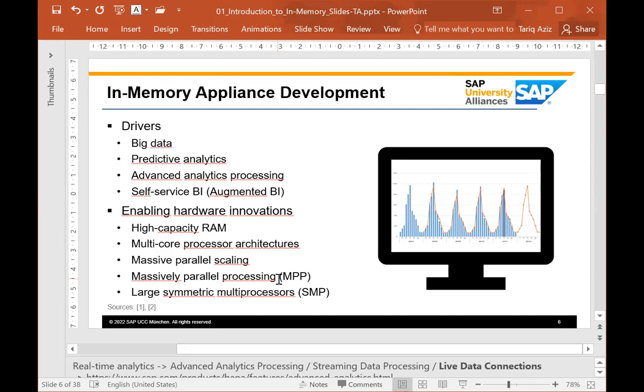So these were the drivers, the big data. Usually what happens when we need the reports, we have to move the data from our transaction database to the analytical database. And this is not happening all the time. We have to wait for the people to finish their work on the transactional database.